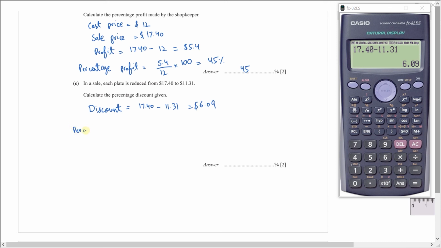So percentage discount will equal the discount in dollar amount, which is 6.09, divided by the original price before the discount, which is 17.40, and then multiplied by 100. So this is 35%. So the percentage discount here is 35%.